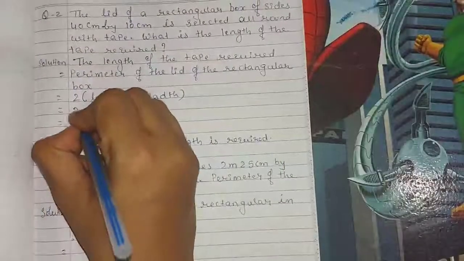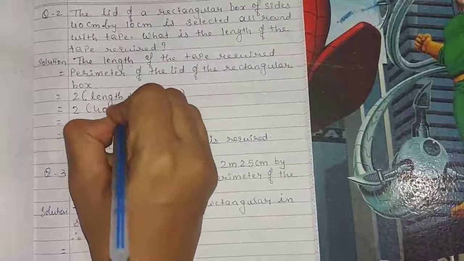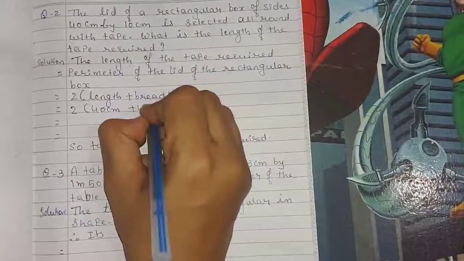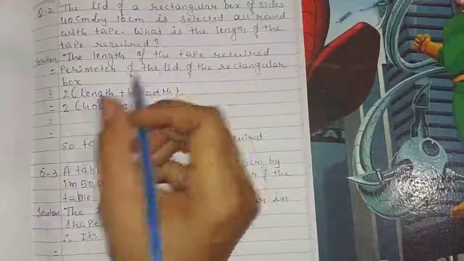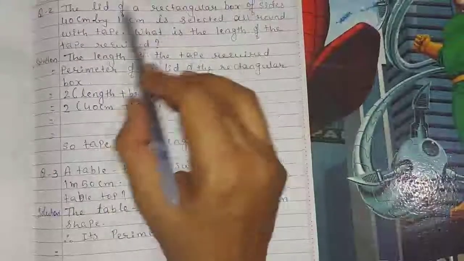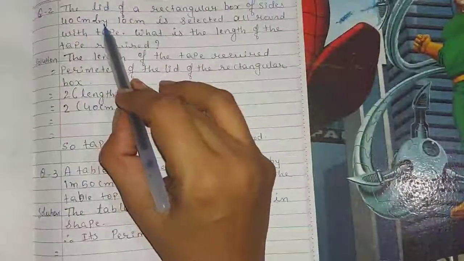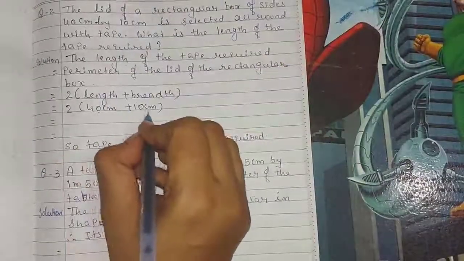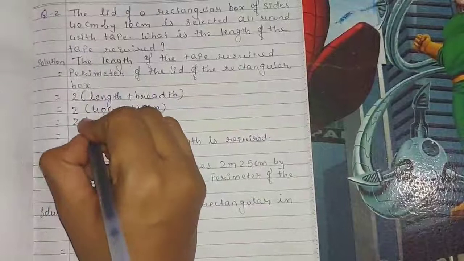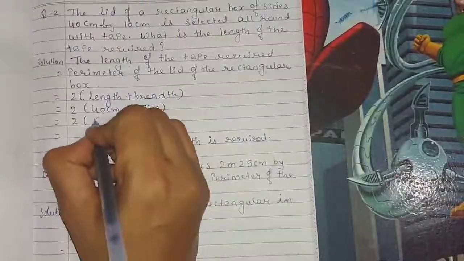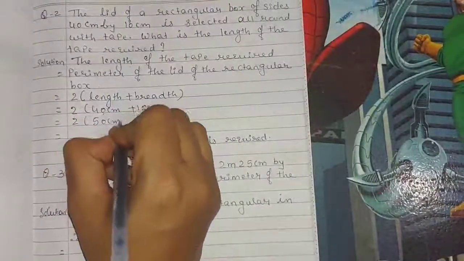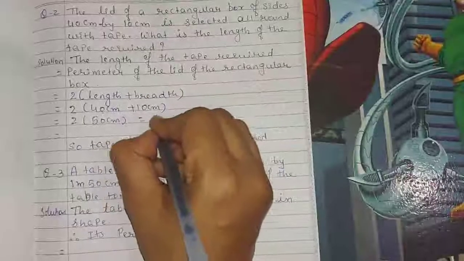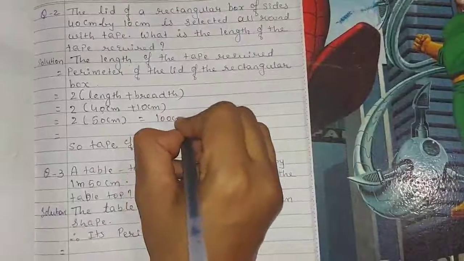Now 2 multiplied by 40 centimeter plus 10 centimeter. The box sides are given as 40 centimeter by 10 centimeter. Now we will first add 40 plus 10, that is 50 centimeter. And 2 times 50 is 100 centimeter.